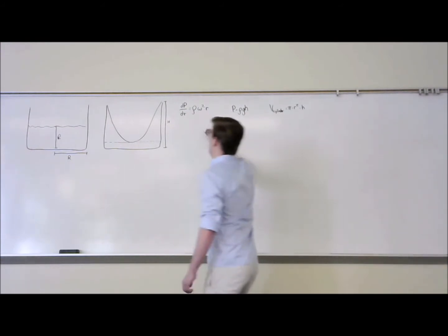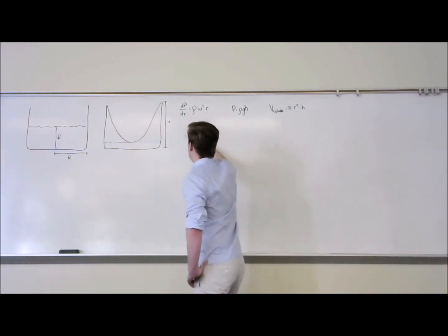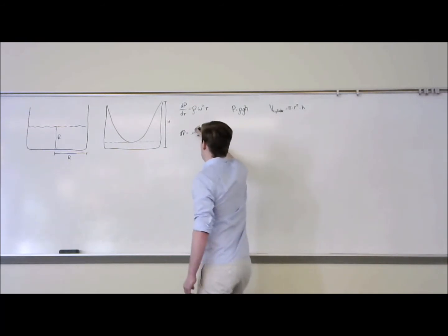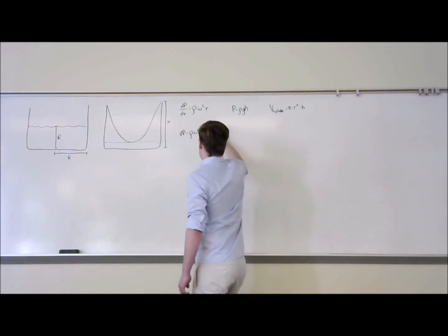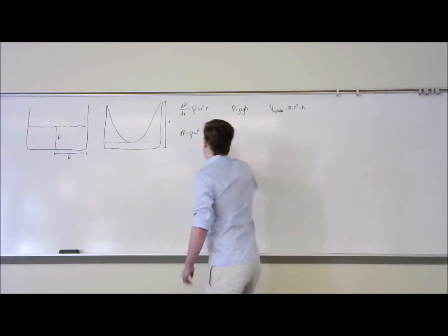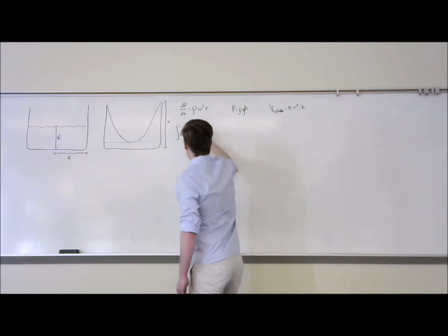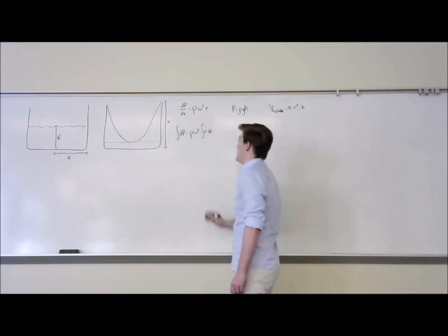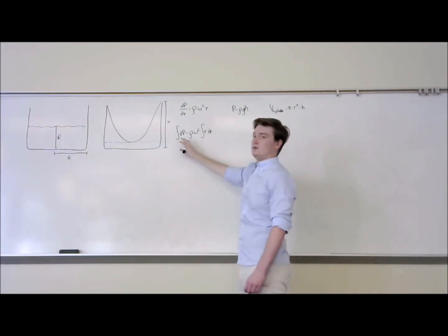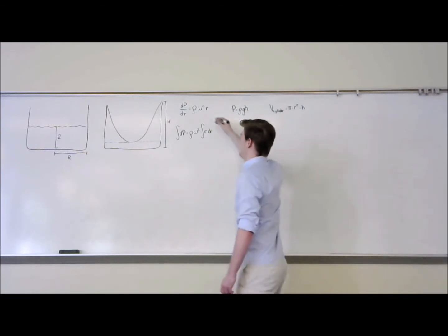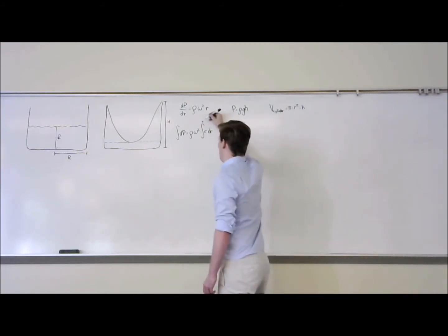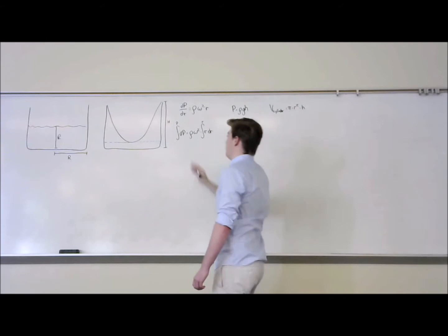Starting with the first equation, we're going to separate and integrate it. So we start with dP, we move the dr over, and we get rho omega squared times r dr. From here, we can integrate both sides. We turn these r's and P's into dummy variables of integration, because our upper limit is going to be r and P and we don't want to get them confused.